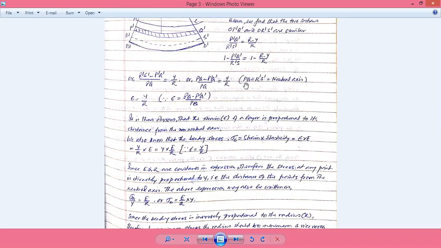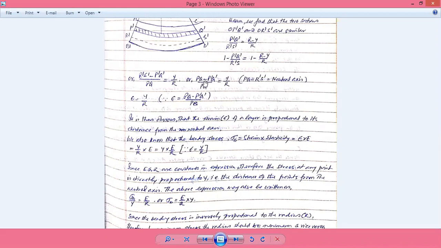So PQ is equal to RS is equal to dx, and RS, as the neutral axis, does not change its length due to the bending, so RS is equal to R dash S dash. So PQ is equal to R dash S dash. Thus we are putting the value of PQ here.